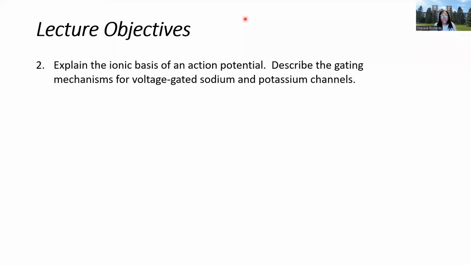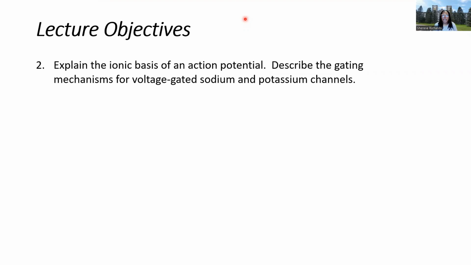So lecture objective 2: explain the ionic basis of an action potential, and describe the gating mechanisms for voltage-gated sodium and potassium channels. We're just going to introduce this and talk much more about it when we meet next time. Basically, what channels are open in order to begin generating the action potential?